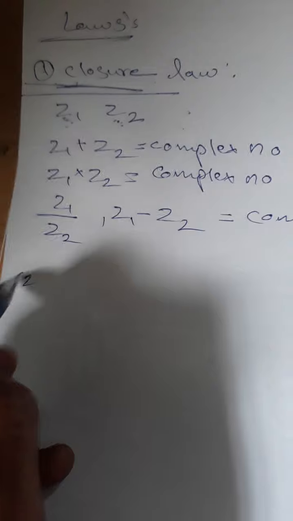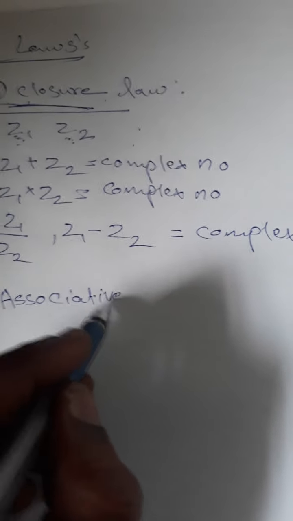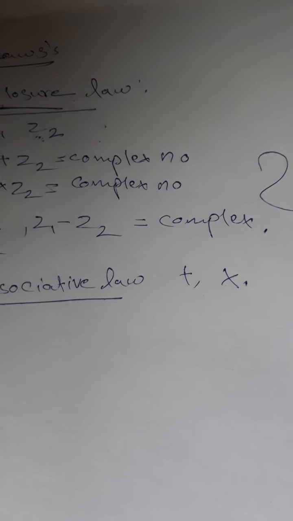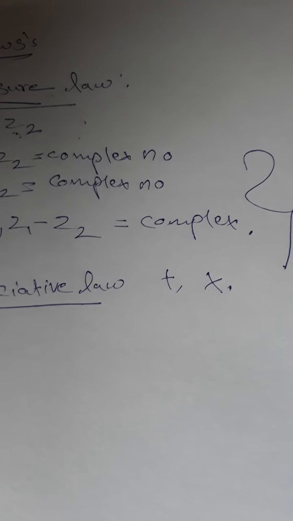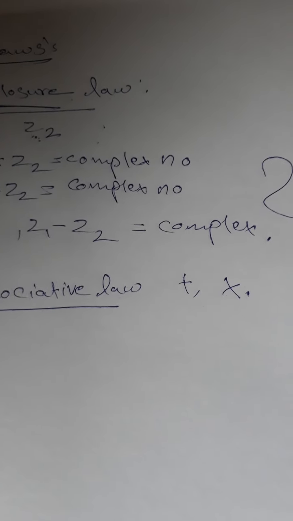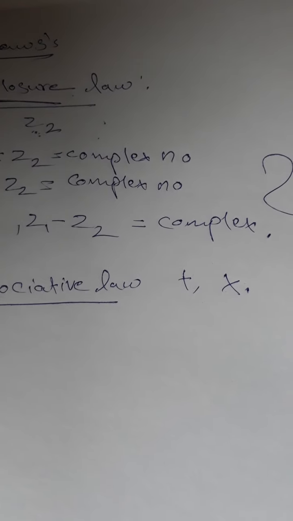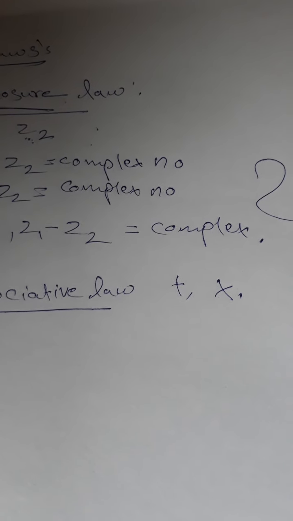Then the next one is the associative law. Remember, in case of associative law, only the operations plus and multiplication hold good, that is only if you add and when you multiply. This associative law will not hold good for subtraction and division.